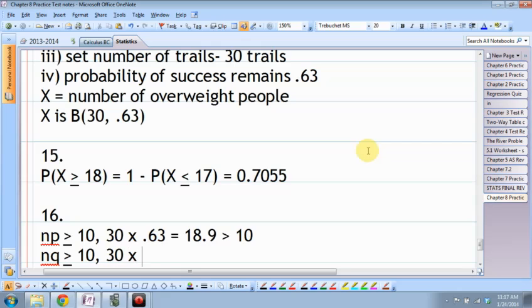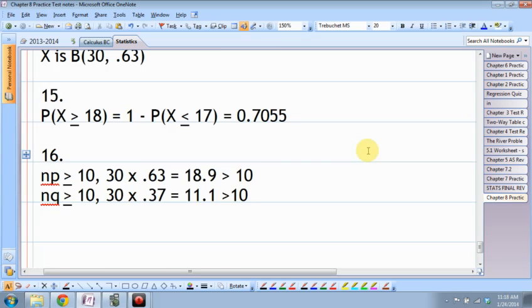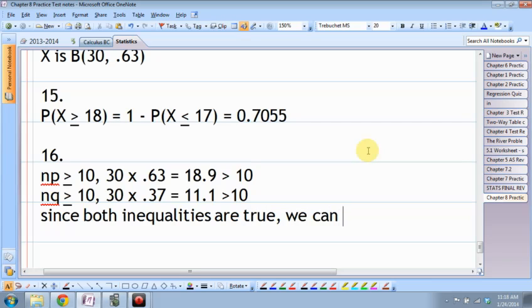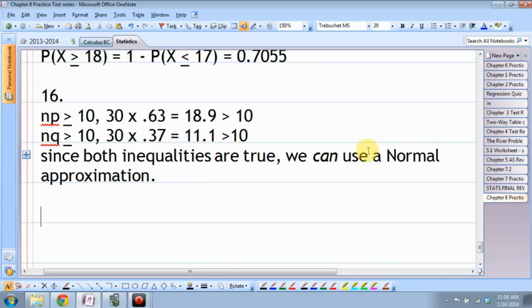That's 30 times 0.37. Yep, that's greater than 10. Since both inequalities are true, we can use a normal approximation.